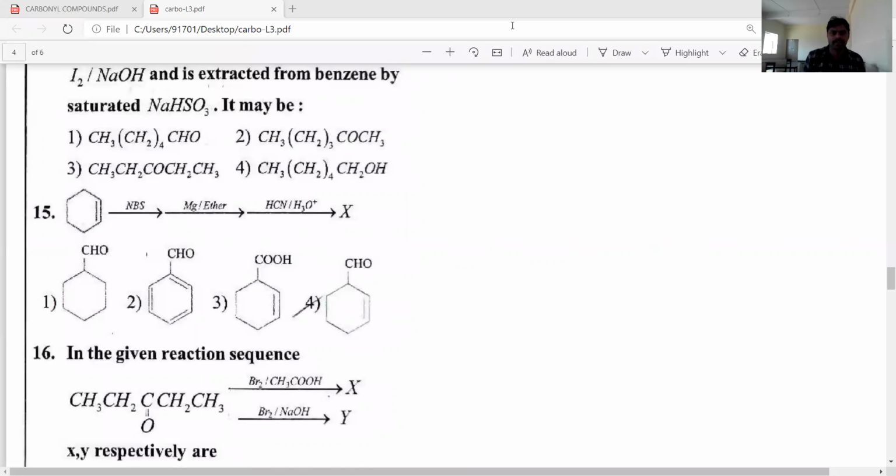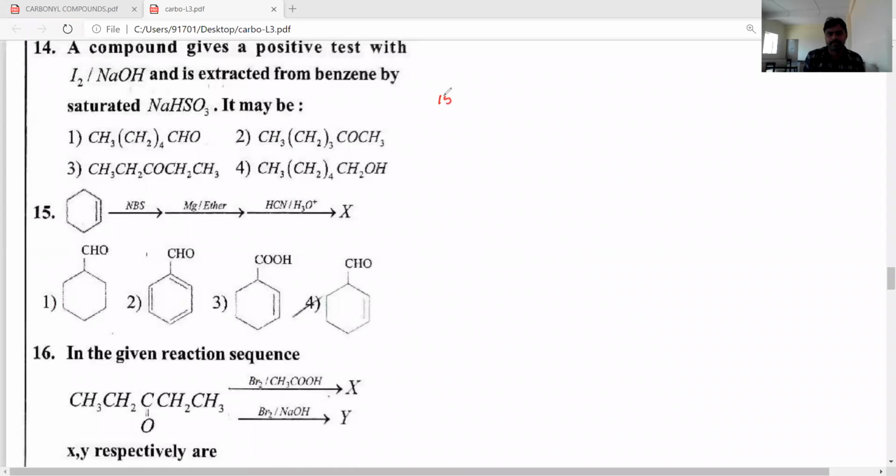The 15th question is very, very important. NBS is used as an allylic brominating agent. NBS means allylic bromination takes place.